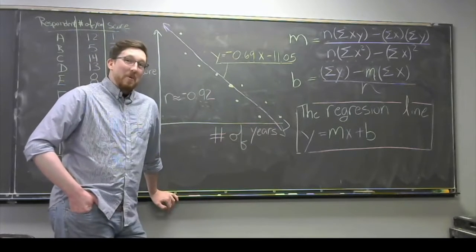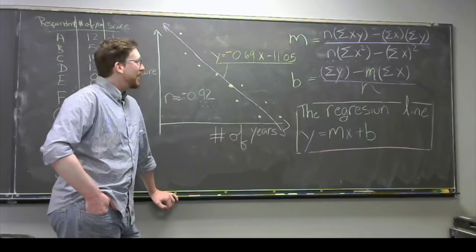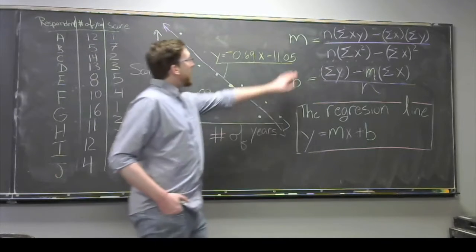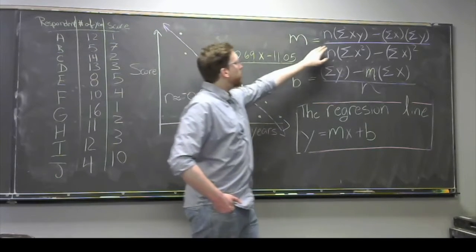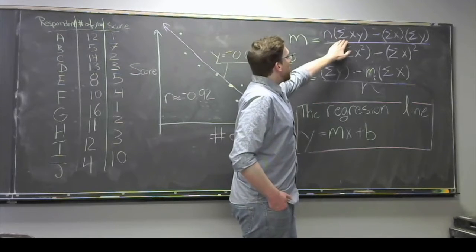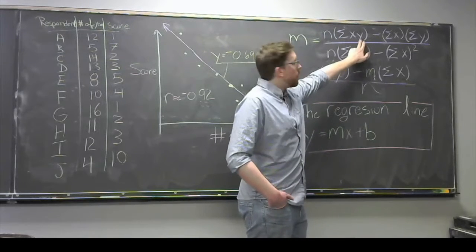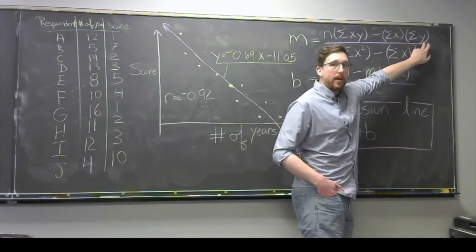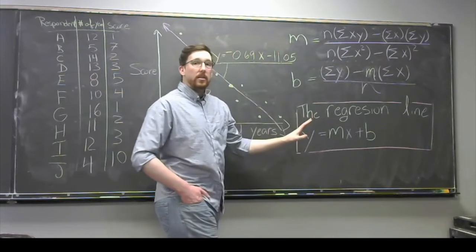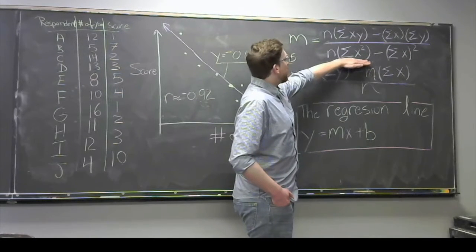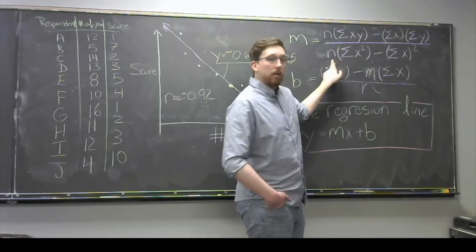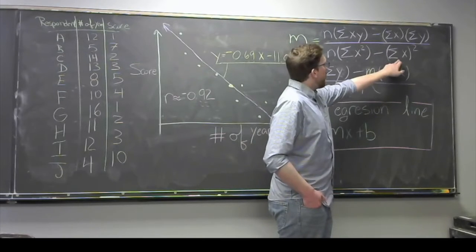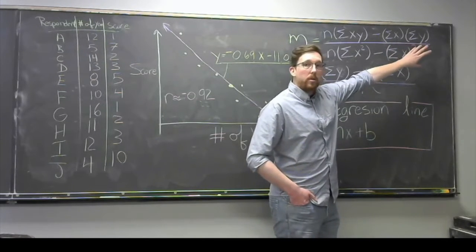So, the way I found the equation for this line is by first calculating the slope of this line. And that slope, m, is equal to n times the sum of x times y minus the sum of x times the sum of y, all of that then divided by the sum of x squared, that quantity multiplied by n, minus the sum of x, that quantity squared.